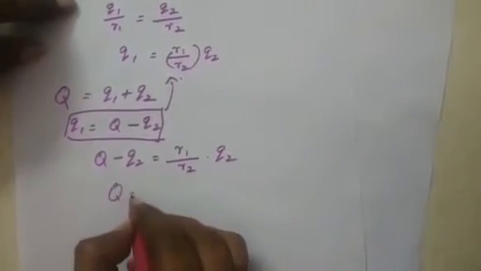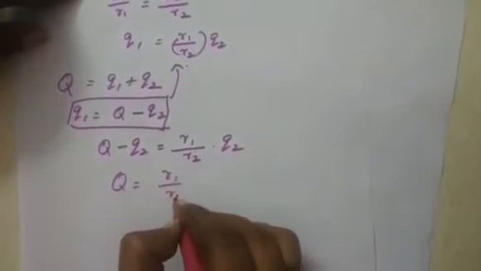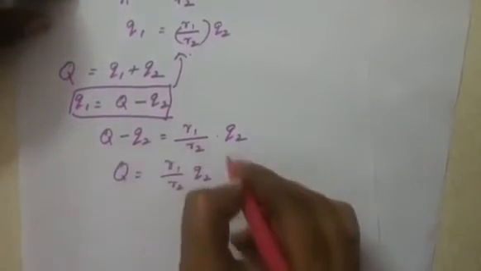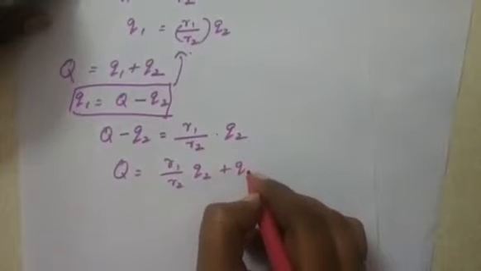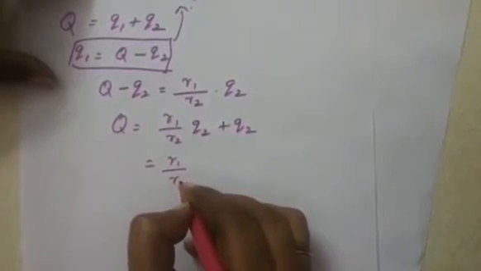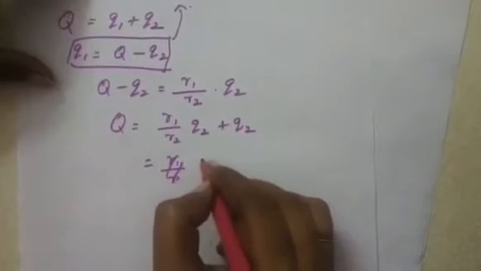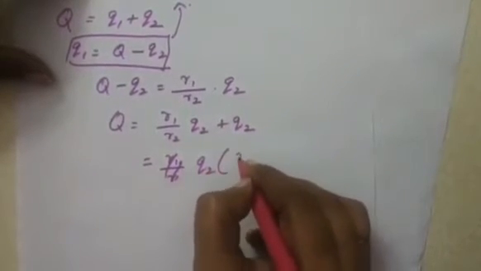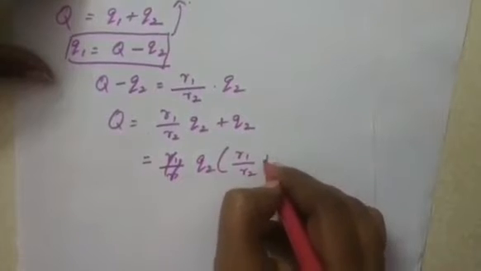Then Q is equal to R1 by R2 Q2. This minus Q2 is coming in this side plus Q2, which is equal to R1 by R2. We are taking the Q2 outside, so R1 by R2 plus 1.